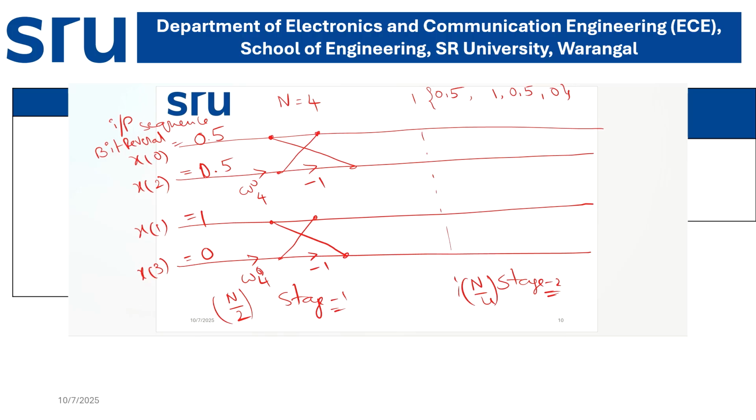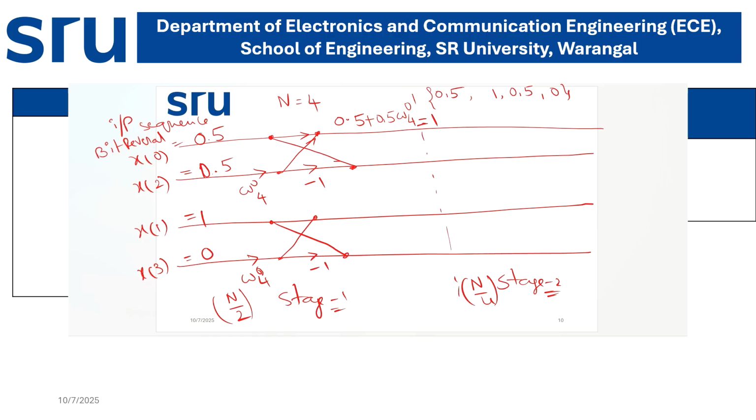Now at this node I have 2 inputs. The first input is 0.5. What is the second input? 0.5 multiplied by the twiddle factor, plus 0.5 into the twiddle factor. So the answer is 0.5 plus 0.5 is 1, because omega 4 power 0 value is 1.